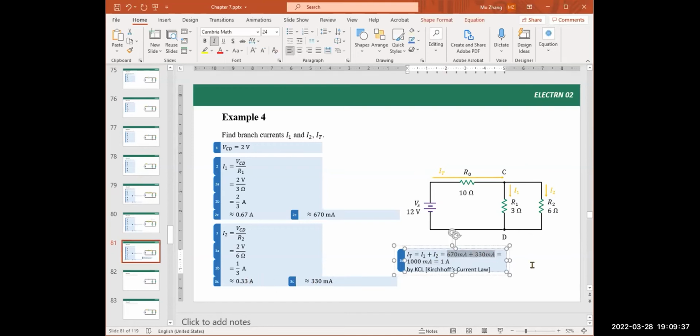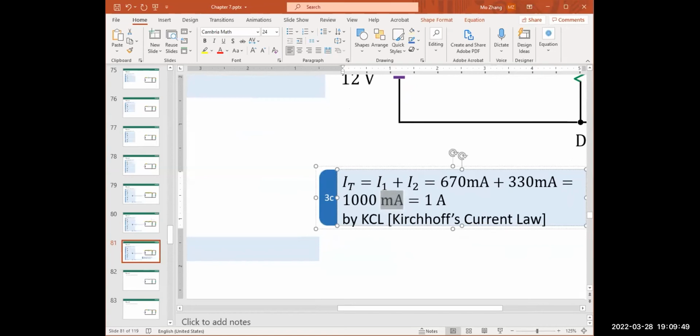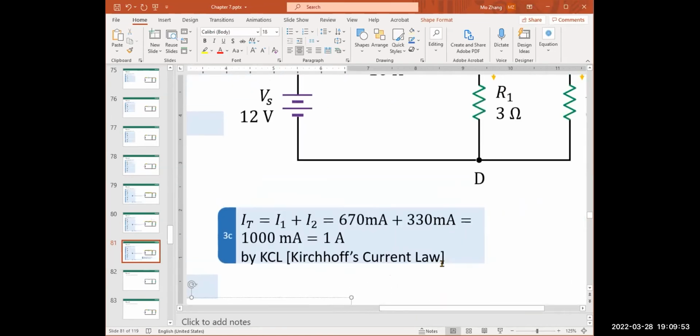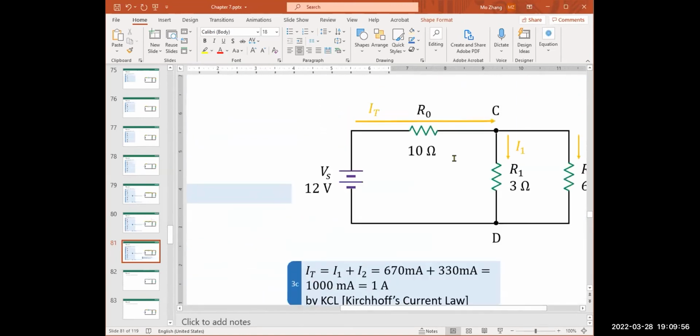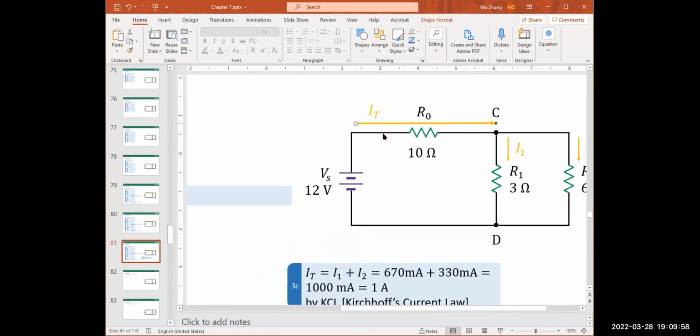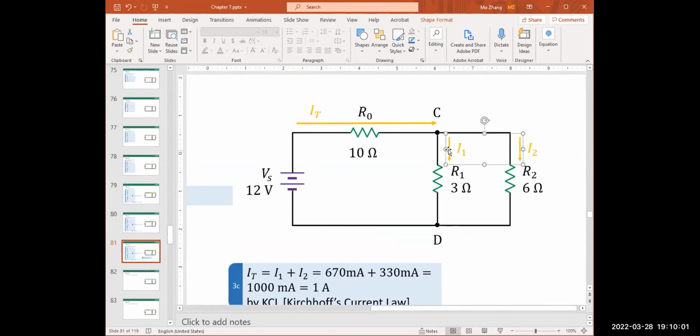If we add up these two numbers, we get 1000 milliamps. So here, IT in this branch equals I1 plus I2, because when the current leaves the source and enters the node, it splits into I1 and I2.